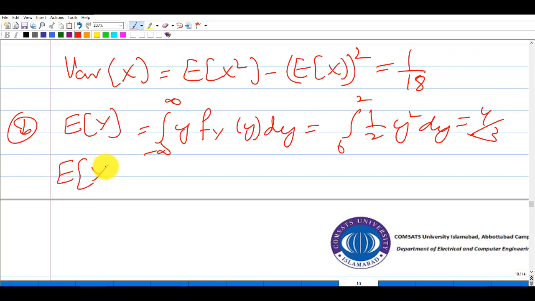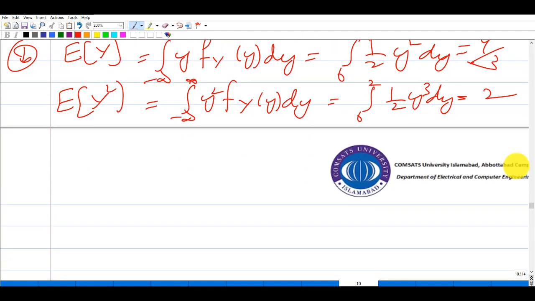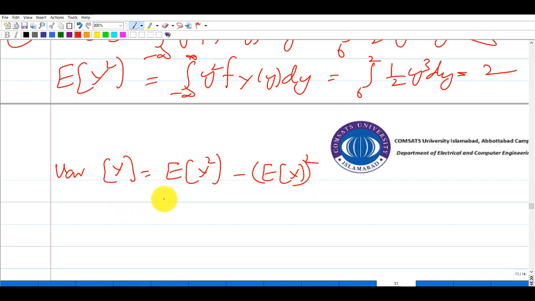Similarly, to find the variance, we need to calculate the second moment, the integral of y square f y of y dy, which is the integral from 0 to 2 of 1 over 2 y cube dy, and this integral will be 2. So variance of y will be equal to the second moment minus the square of the first moment. That would be simply 2 by 9.